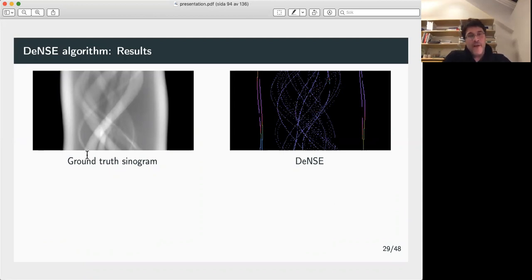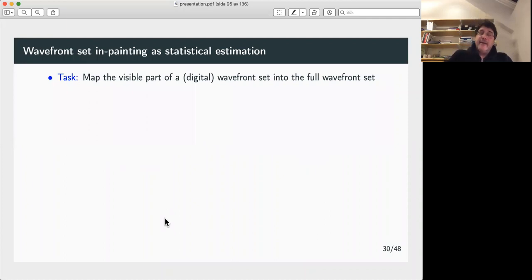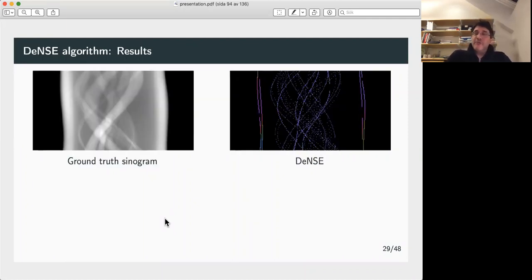So here to the left, you have an image on lines in 2D. So it can be parameterized like that and shown in this manner. But all of this is about extracting the wavefront set, right? So if I'm happy, this would give me a digital wavefront set from an image that's been represented by its shearlet coefficients.